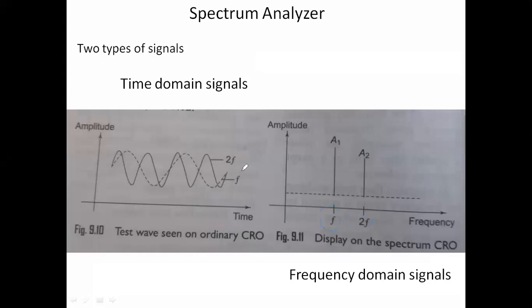Here f is some frequency with an amplitude of a1, and 2f is another signal having a frequency of 2f with an amplitude of a2.